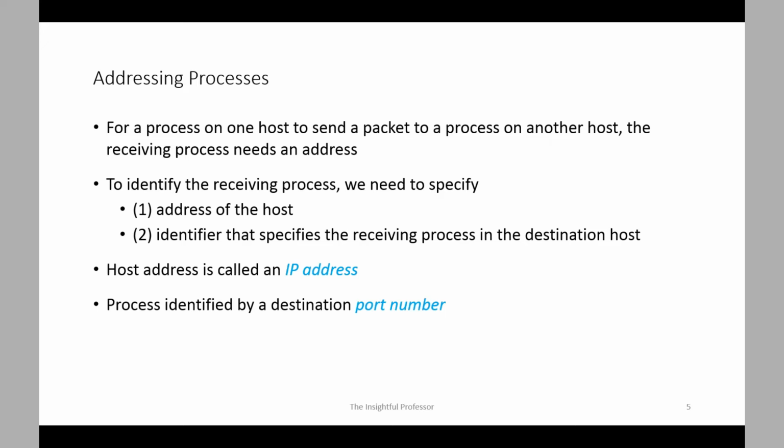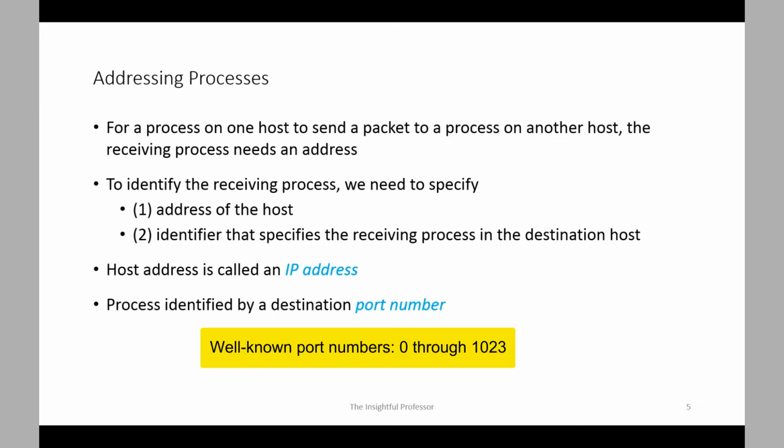So each socket has a socket address consisting of the IP address of the host and a 16-bit number that is local to that host. This is the port. Now, popular applications have been assigned specific port numbers. This is what we refer to as well-known port numbers.